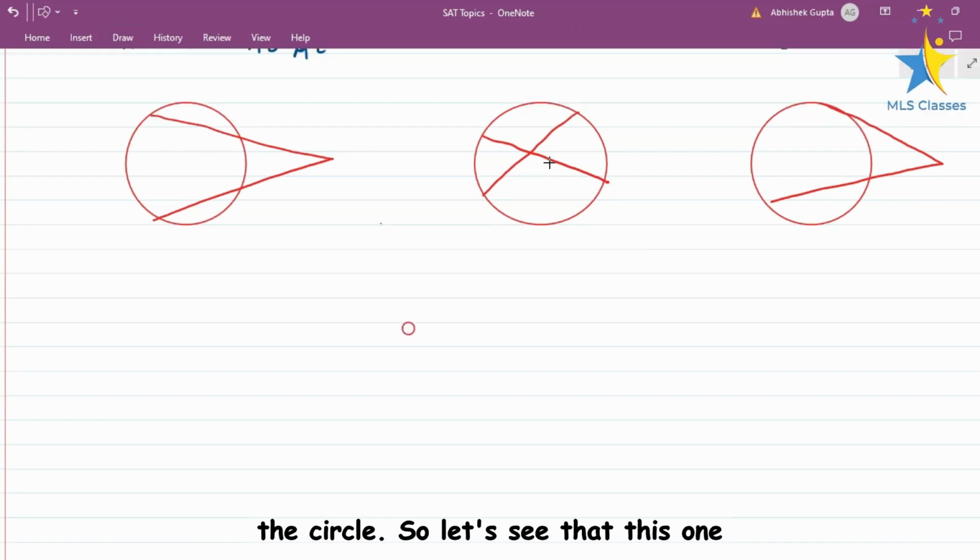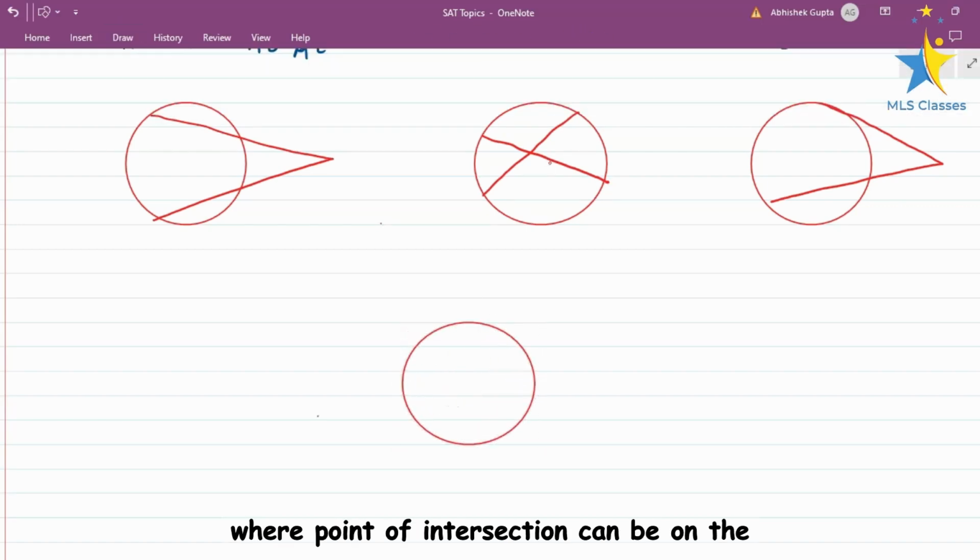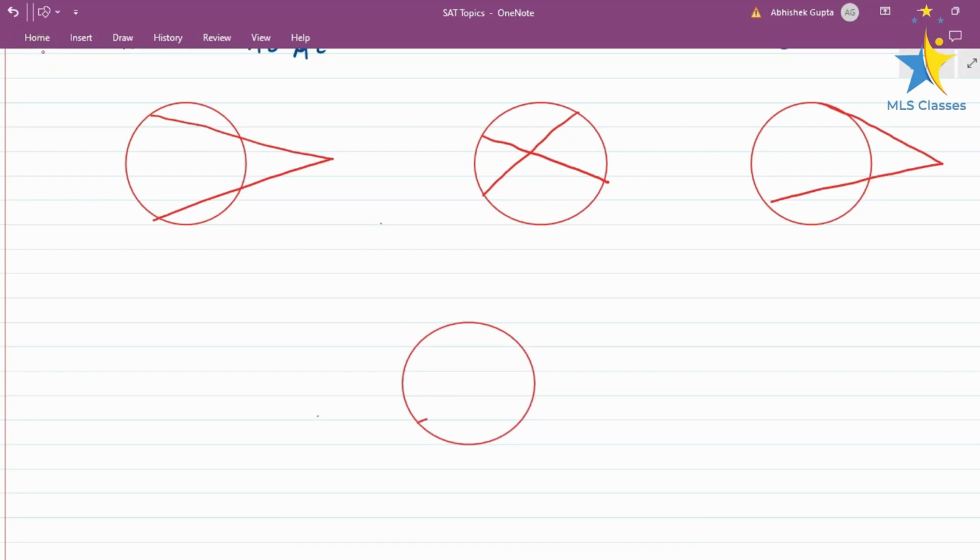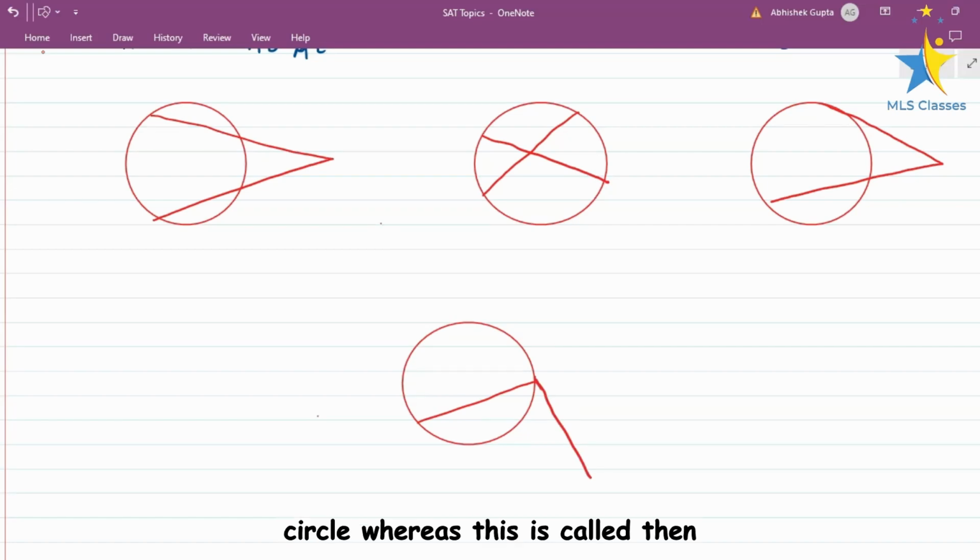So let's see that. This one, where the point of intersection is on the circle. Suppose this is one chord and one is a tangent. Like this, it is tangent to the circle, whereas this is a chord.